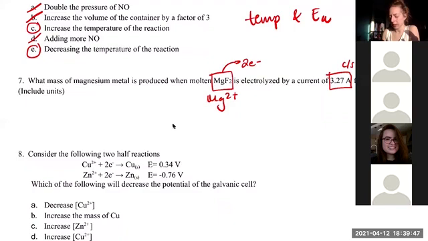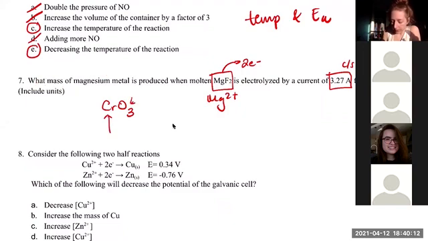And sometimes it'll tell you things. Let me think of an example. There was one I came across today. Maybe let's say chromium, and it had 3 oxygen. So you need to find what the oxidation number is for chromium if you're trying to calculate the mass of chromium, let's say.